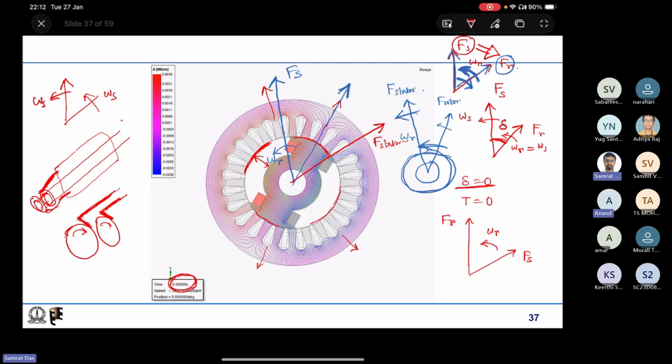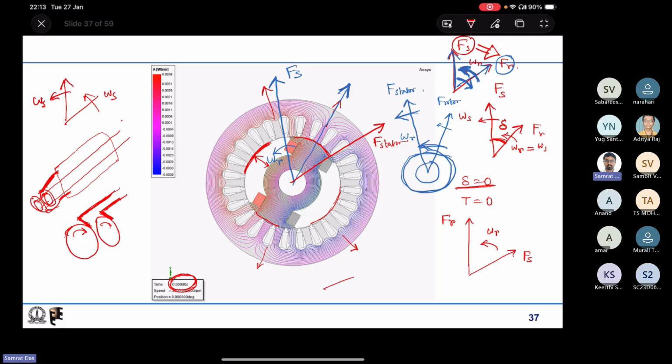The moment my stator field and rotor field get equal, in that case there is no torque production. I said for continuous torque, the speeds of Fs and Fr have to be equal.